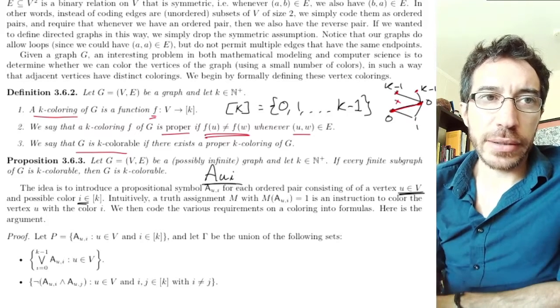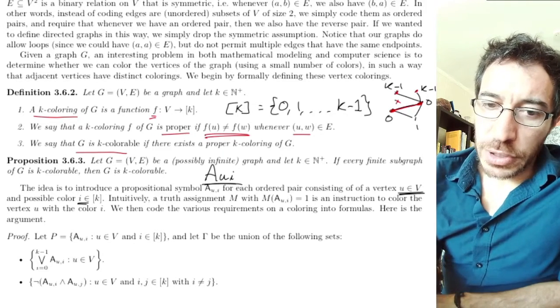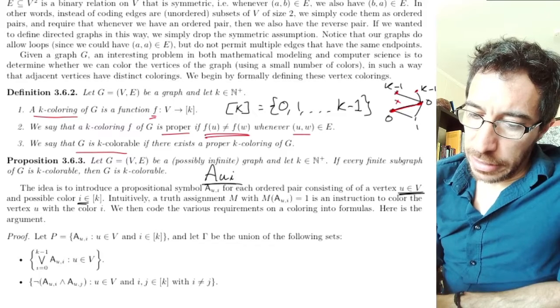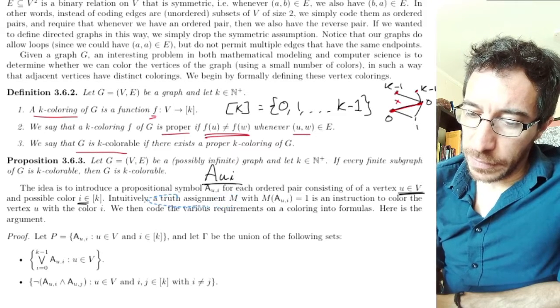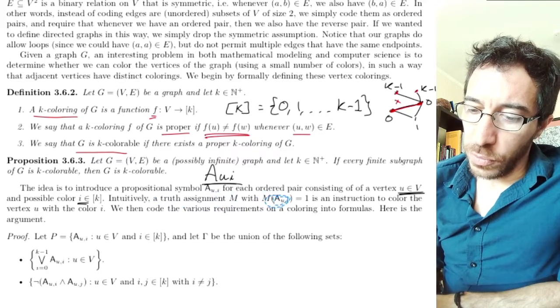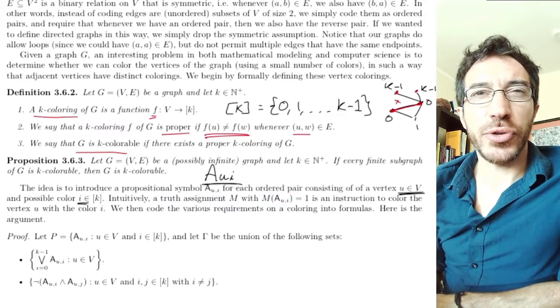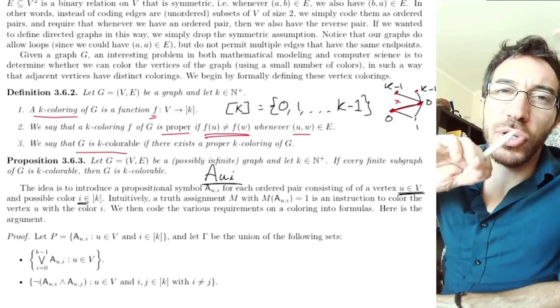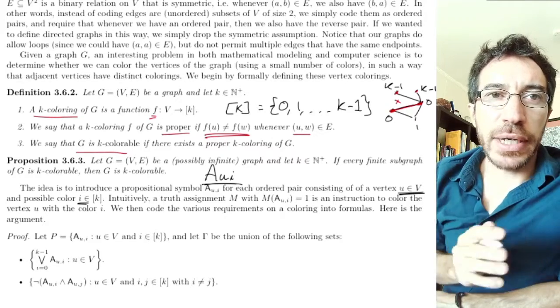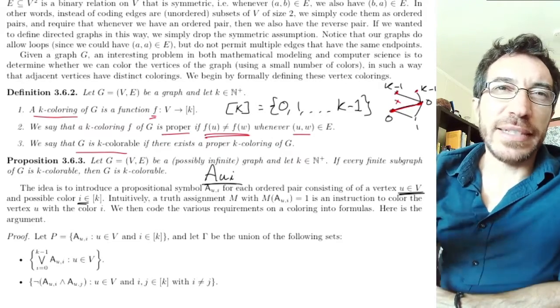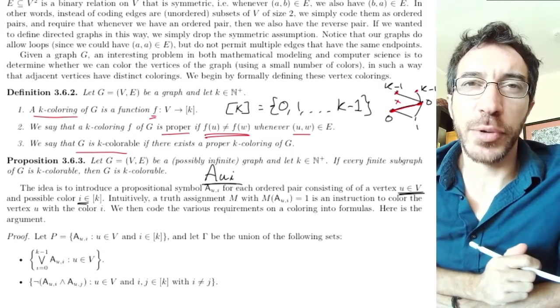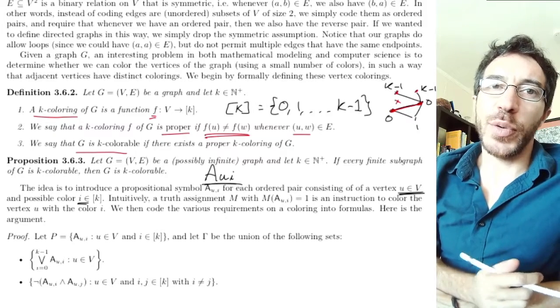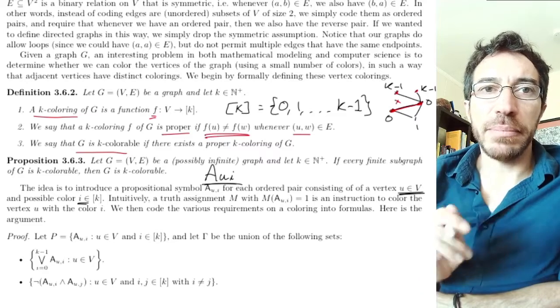And as you would expect, intuitively, a truth assignment M assigns this variable 1. In the course we were using true and false, so look back in the textbook to see why they're using 1 and not true or false. It's because for this textbook, 1 is true and 0 is false. Okay, you look it up, you come back.